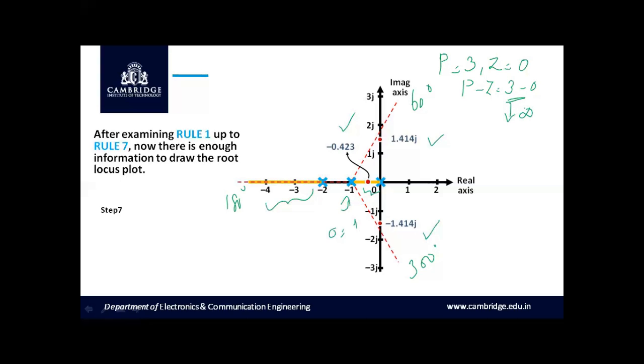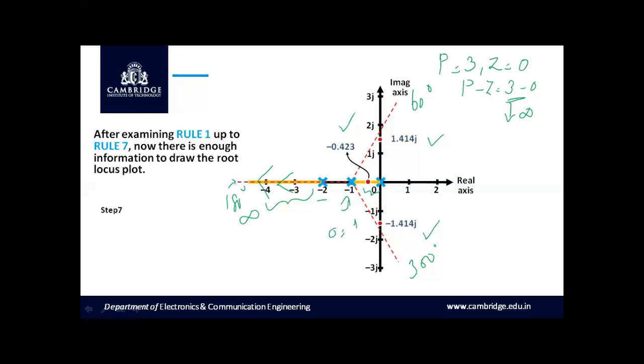This is what we have defined in rule number 2. Let us justify the statement. One of the poles, located at minus 2, is going to terminate at infinity as the asymptote is guiding exactly at 180 degrees.